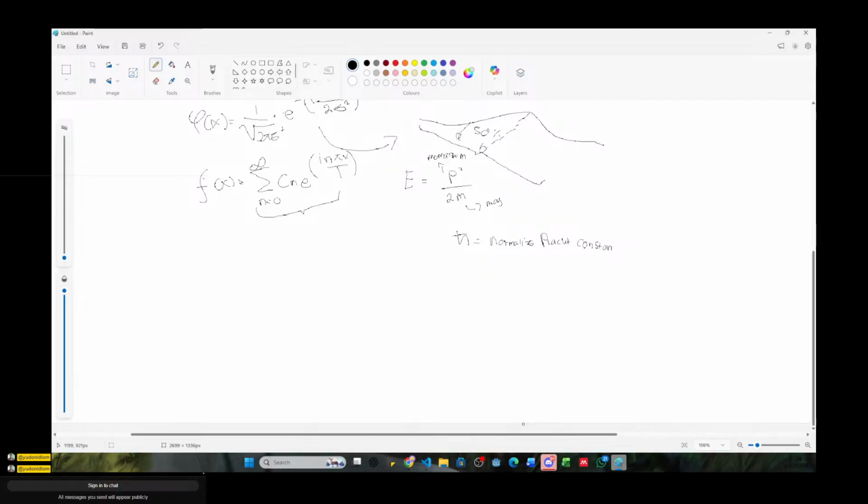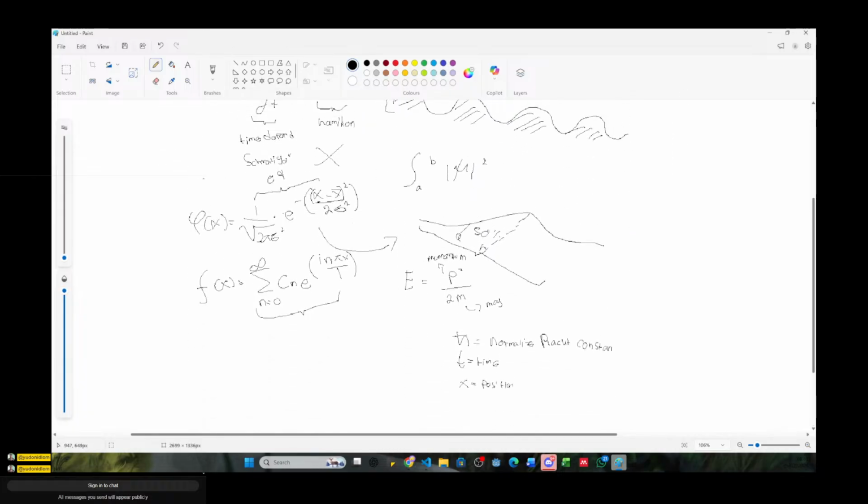So we need t, which is time, and we need momentum, and x is position. And the reason we need to combine these two is because of this equation.